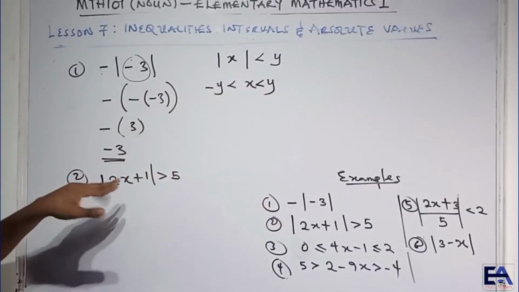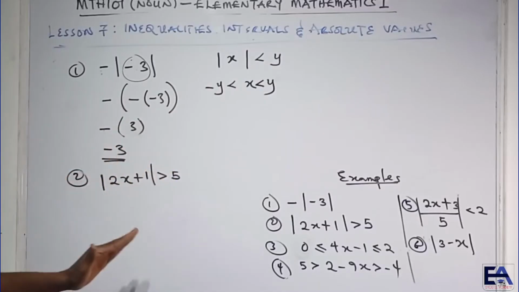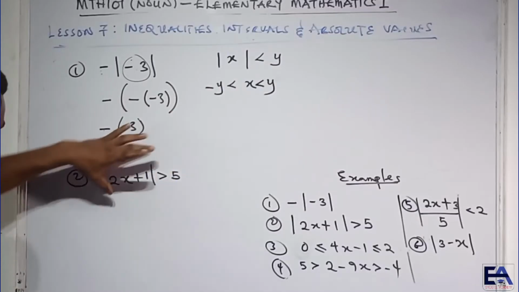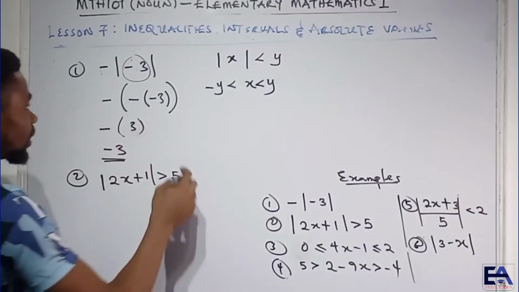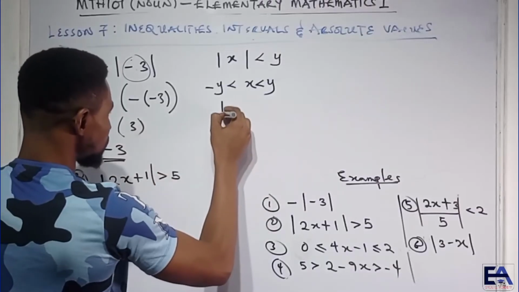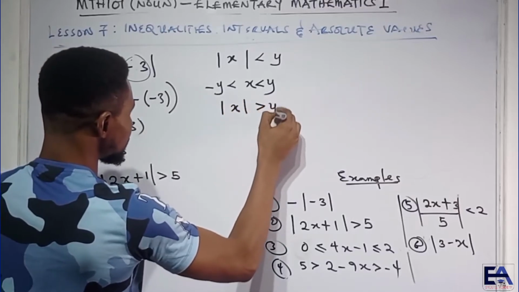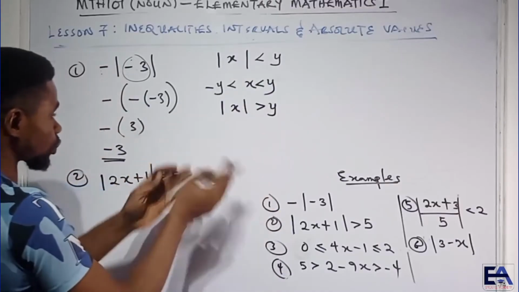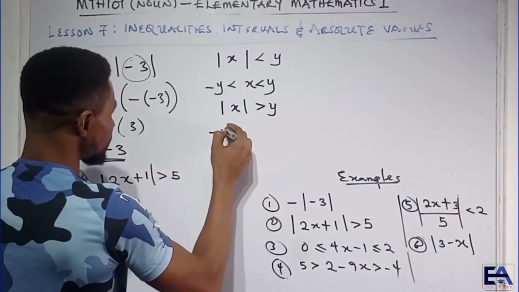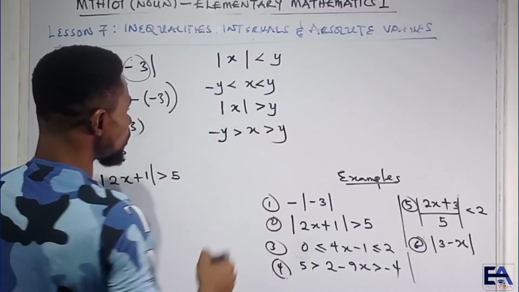All right, but this question is talking about a case whereby it is greater than y, like the absolute value of something is greater than something else. In that case, it is easy for you to see. If we have the absolute value of this is greater than this, then you just switch it the other way around and say minus y is greater than x, then greater than y.